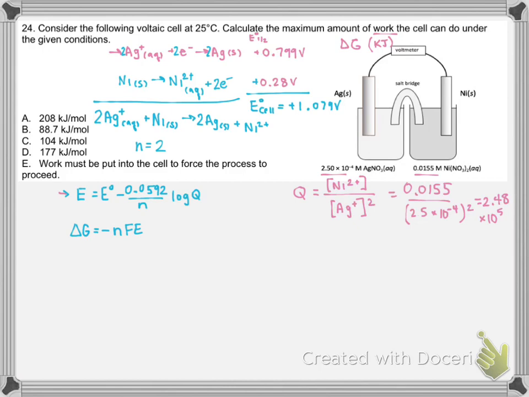Now we have everything we need to plug into this equation. We can get our non-standard potential by taking our standard cell potential and subtracting off this term to adjust for not being at standard conditions.